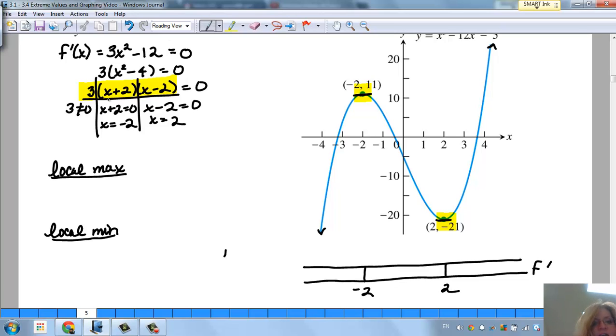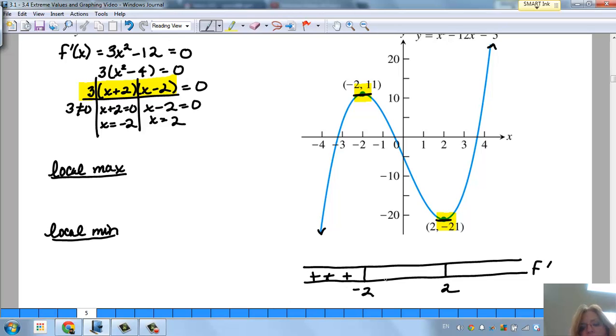If I put a negative 3 in here, I'd have 3 times a negative times a negative, and a negative times a negative is a positive. So to the left of this looks positive, and if I look at my graph, my slopes are increasing.